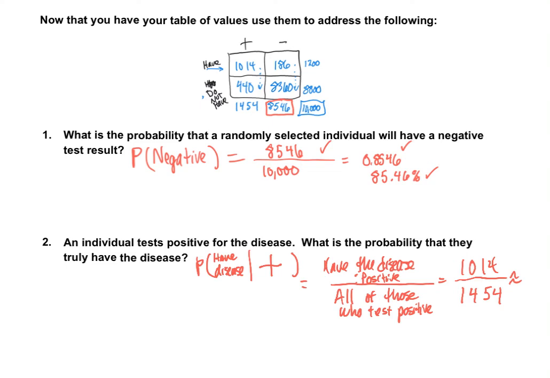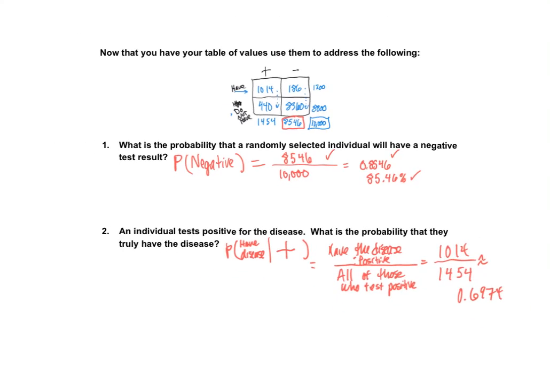If we wanted to write this as a decimal, I'm going to round to a couple places here: 0.6974, which as a percent is about 69.74%.